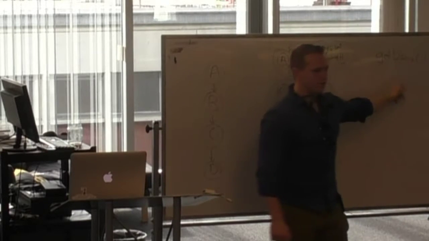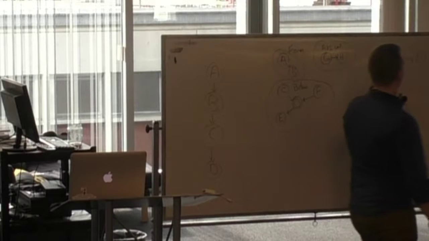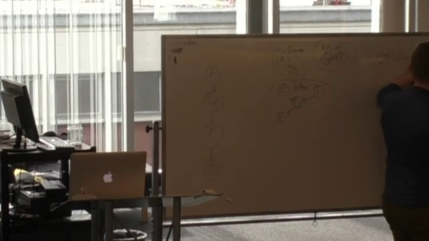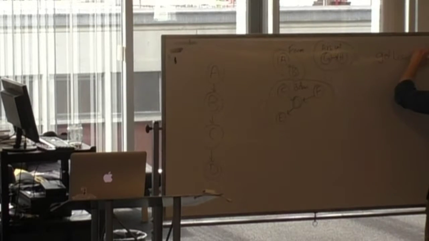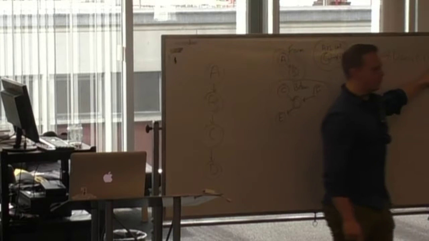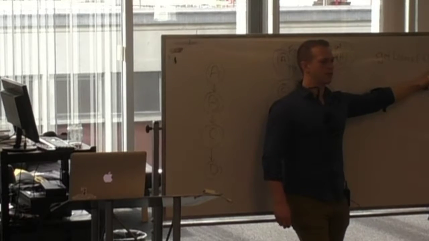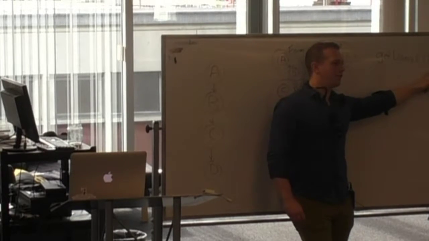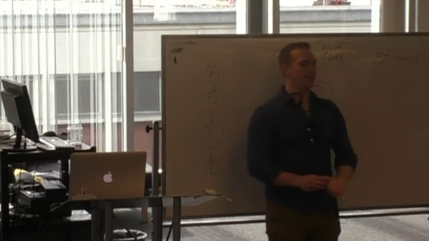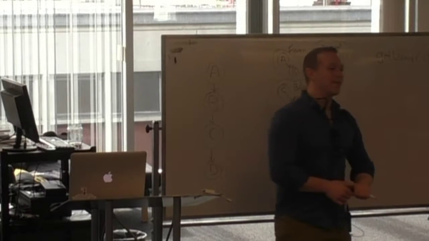Say getUsers, gets all my users. And then one of the things it receives as a parameter is a function. What kind of function is this? It's a callback function. Thank you. Yeah, it's a callback function.